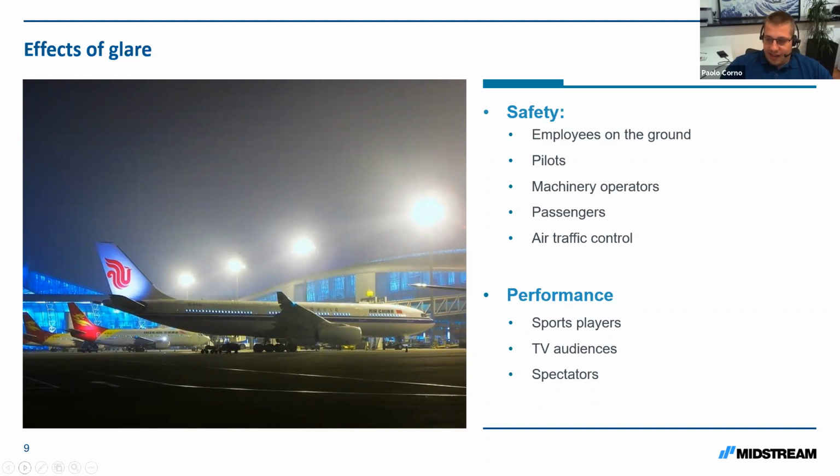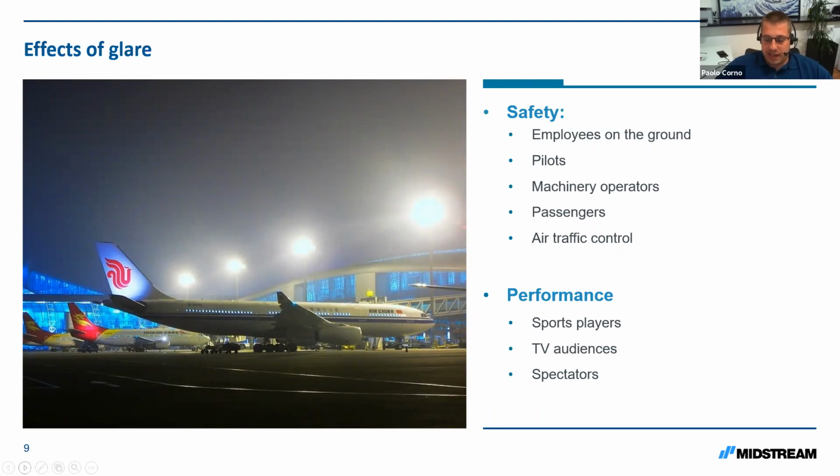And last but not the least, the air traffic control personnel is greatly affected by glare. This is because they're usually the first ones to complain about glare in airports. Air traffic control personnel sit in a high tower and have to have perfect visibility across all the airport.